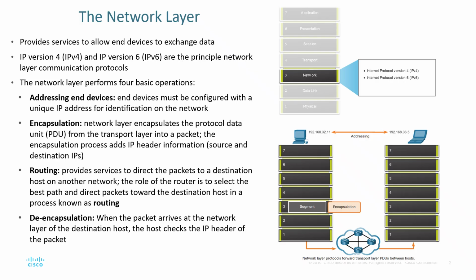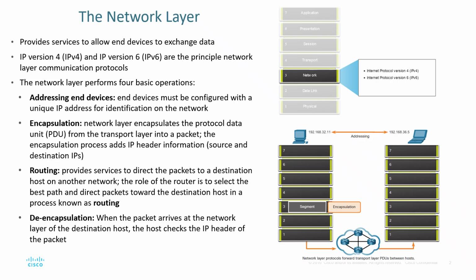It encapsulates, or encapsulation, which is network layer encapsulating the protocol data unit from above, which is a transport layer segment of information, and then it encapsulates it into a packet of information. So in this encapsulation process at the network layer, the source and destination IP addresses are added.